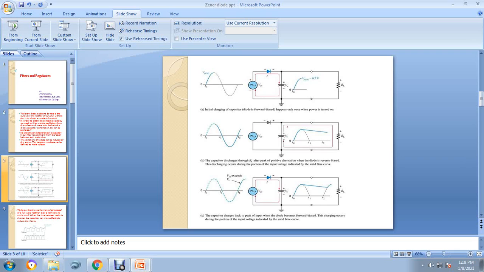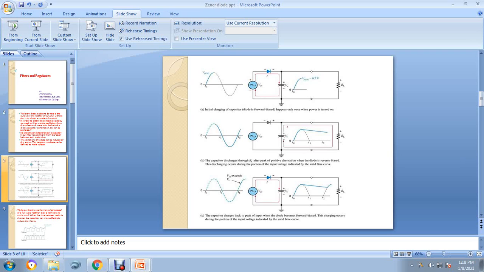From that position until the next positive half cycle is applied, from this peak value where it has been discharged, compare here: when I apply the positive half cycle, the capacitor is charged to its peak value.